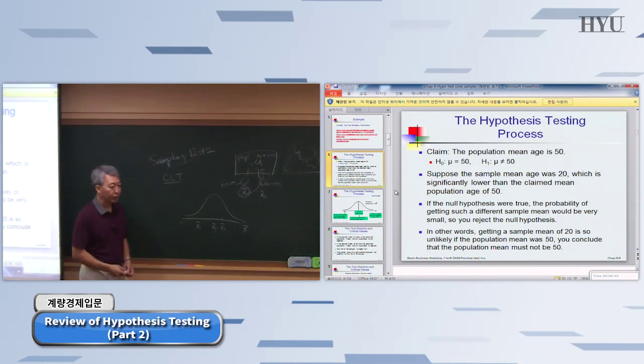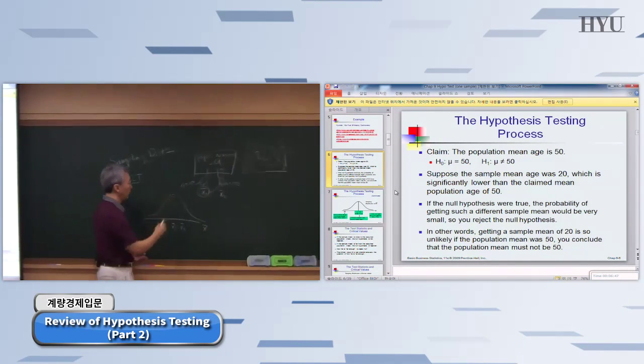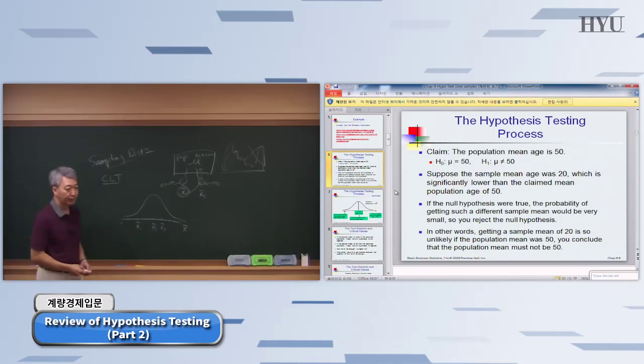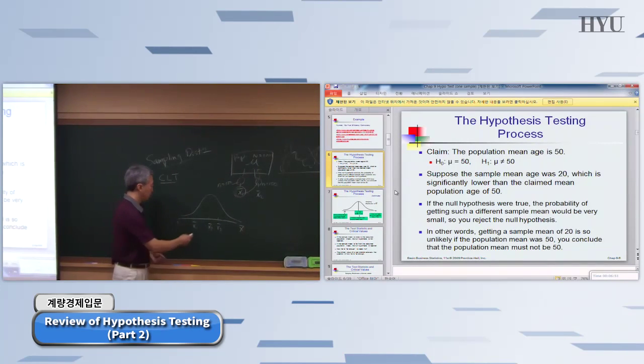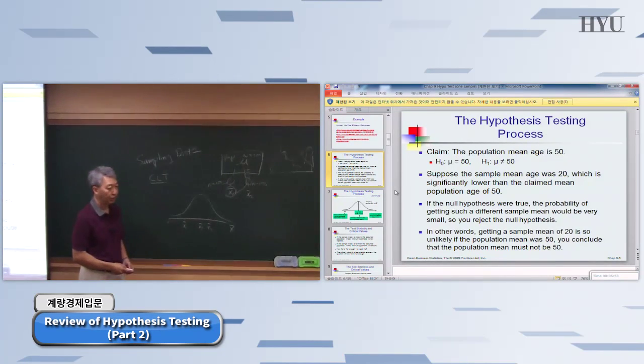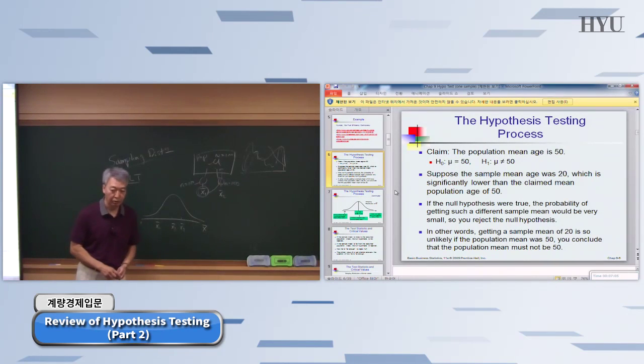So as long as you select a sufficiently large sample, we don't need to know the actual distribution of the population, right? Because the sampling distribution, you can assume it to be normal. Okay? All right, so when you have the normal distribution, we have many conveniences or advantages, because we know a lot about the normal distribution.